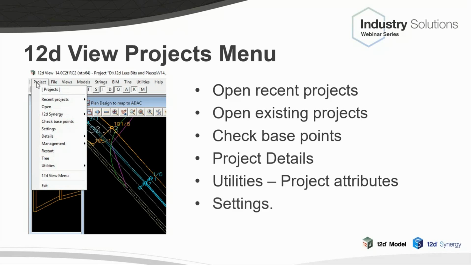And you've also got the settings, which is only new in version 14, where you've got the project settings to allow you to change things that will then work for that project. With 12D View, of course, we can't save them away, but a lot of them you can modify to show it whilst you're in this project. So same idea as in 12D Model 14.